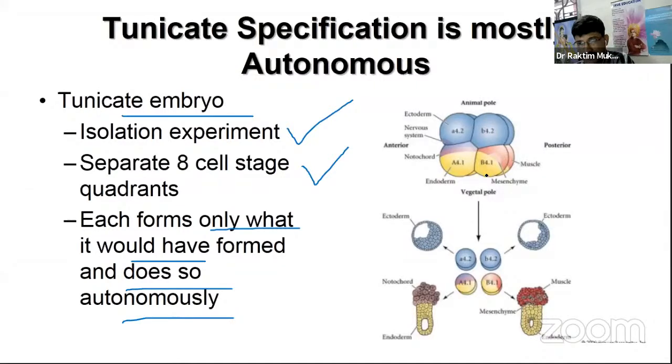Whatever each quadrant was to form, exactly that quadrant forms the exact structures. So this is an example in the tunicate embryo of autonomous specification.